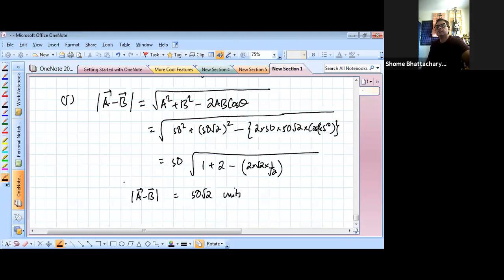Okay. And if you are referring to the diagram, how it will look like, the vector sum diagram here, it will look something like this.